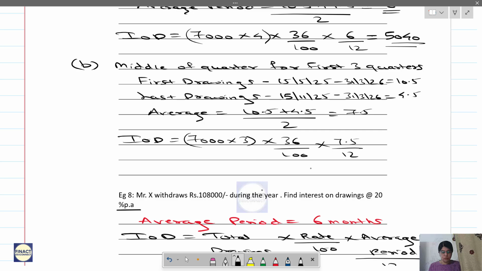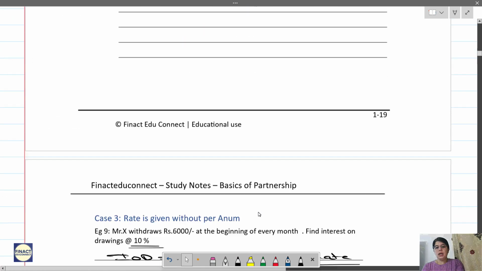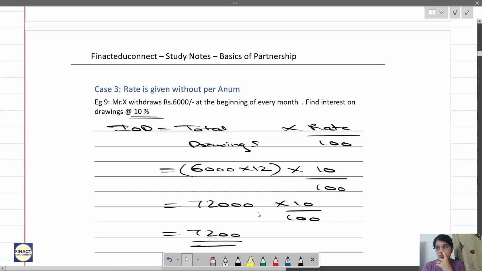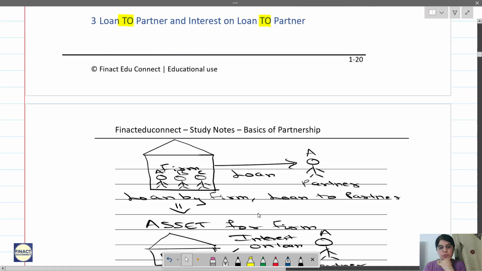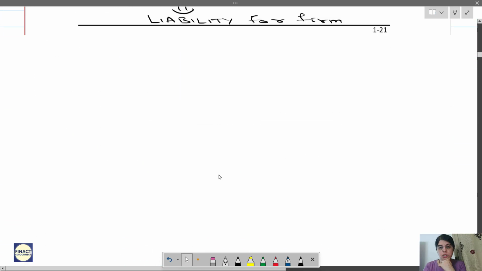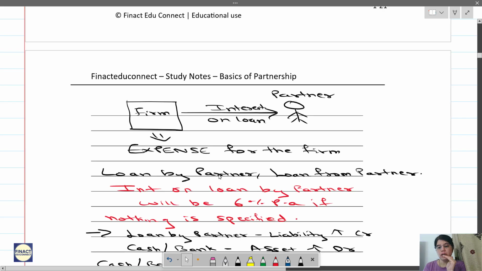If you solve this, you get 4725. No doubts, right? So we have seen how to calculate the interest on drawings.